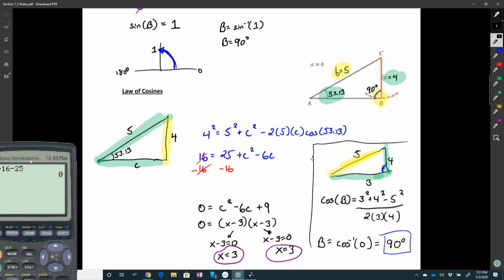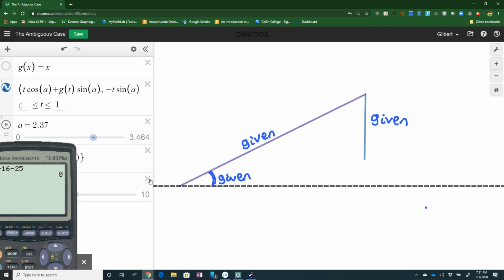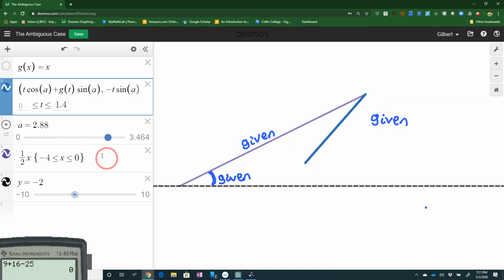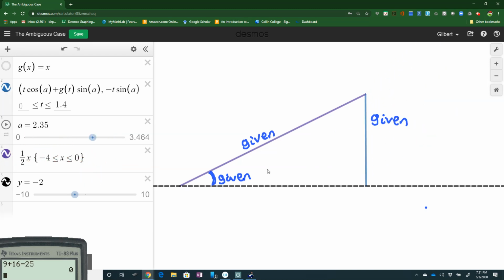All right. So if I go to Desmos and show this example, this is if the given side, I think it was 1.4. Yeah. So notice that it doesn't hit, and then bam, it hits right there. And then it doesn't hit anymore. So that's the one solution.